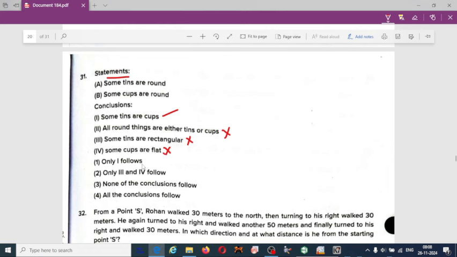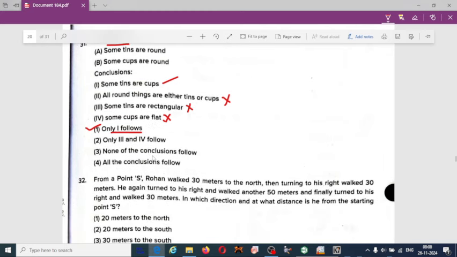Only option 1 follows, 3, 4 follow, none of the conclusions, all the conclusions. However, if you see some tins are cups, that is correct. So option 1 may be the answer, because none of the conclusions we can't say. So the right one may be option 1, but this one may not be.